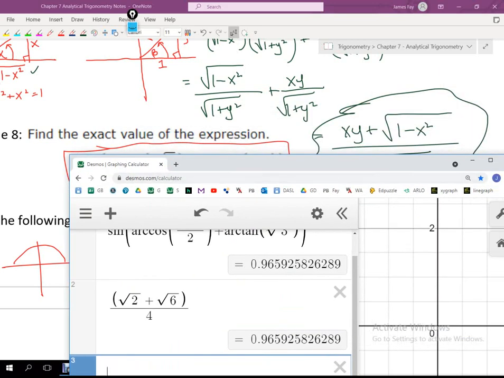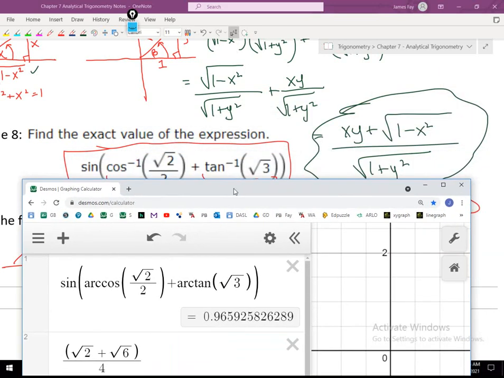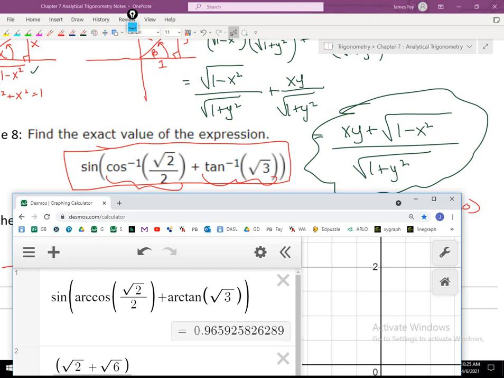So you can see here, if we type in the original expression that we started with, sine of cosine inverse of radical 2 over 2 plus tangent inverse of radical 3 gives me that number right there.